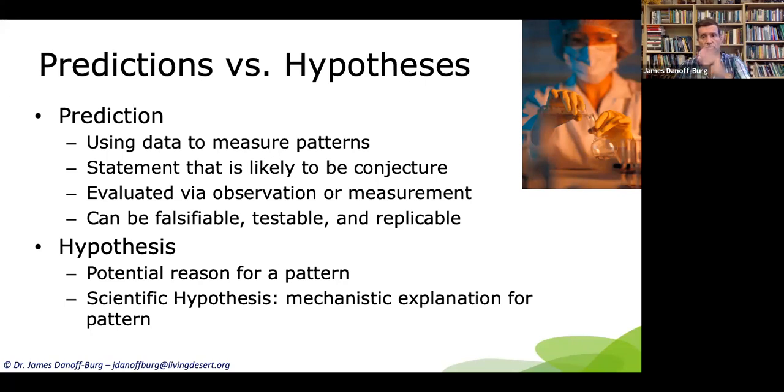Okay. So a prediction, going back to what we just said in the last slide, let's say younger people tend to be more supportive of conservation than older people. Just making it up. That's a prediction. That's the thing that we are going to predict is going to be true.